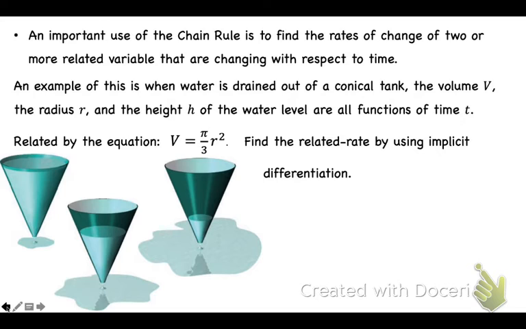by using implicit differentiation. So we have to take it and we have to differentiate it with respect to time. We need to write down, well, this is important. You find related rates by using implicit differentiation.